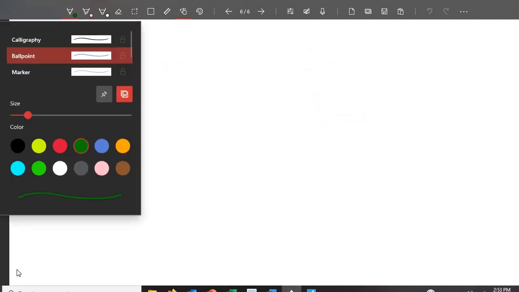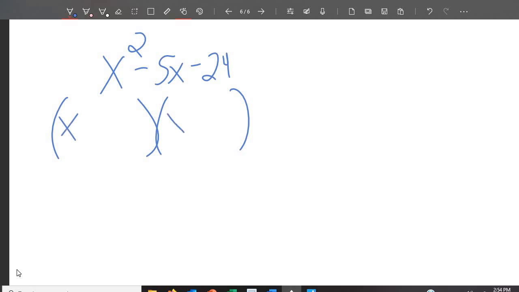So let's do some more. Let's say I had x squared minus 5x minus 24. I know for sure it's going to be this. So let's take the minus 24 and list all the factors. I'm looking for negative 5.